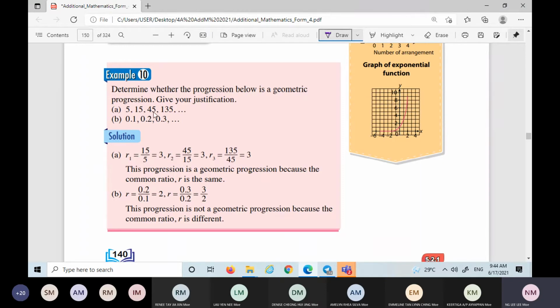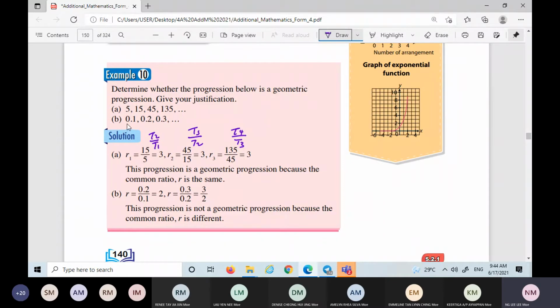Then you also do the second pair, T3 over T2, and then T4 over T3. So one pair, two pairs, three pairs. Whatever they give, you do, and then see whether the ratios are the same or not. If they are the same, the progression is a geometric progression, because they have a common ratio.